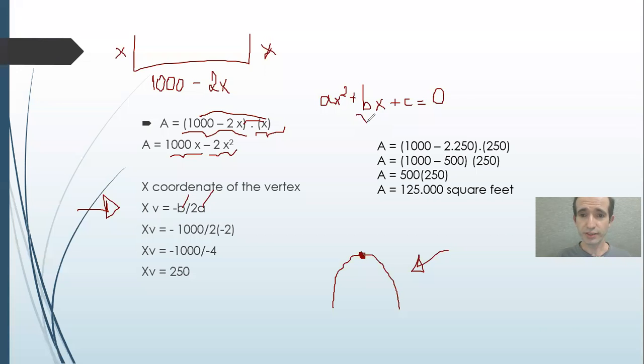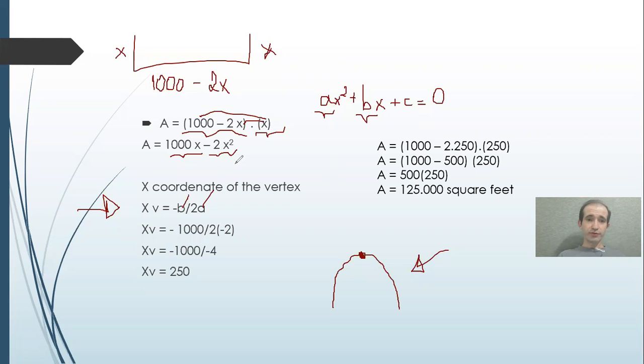You have b in front of x, you have a in front of x squared, all right? So you can find this information here.